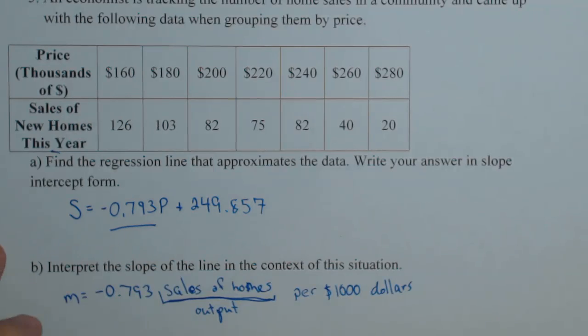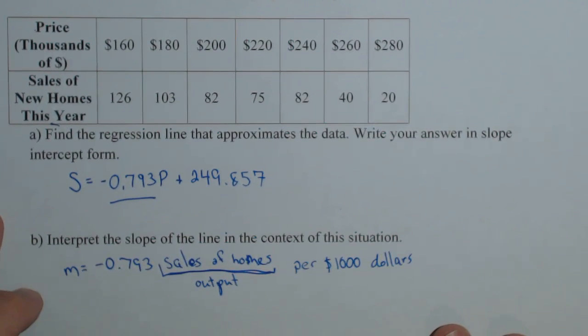So now we need to interpret what's happening. Well, this gives us our decrease because it's negative in home sales.